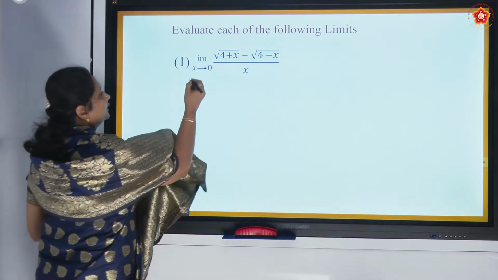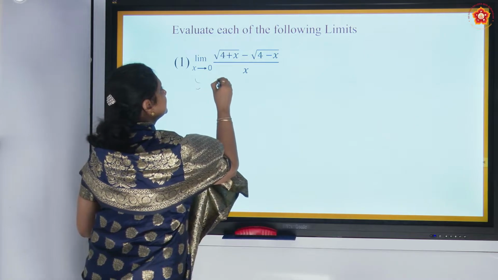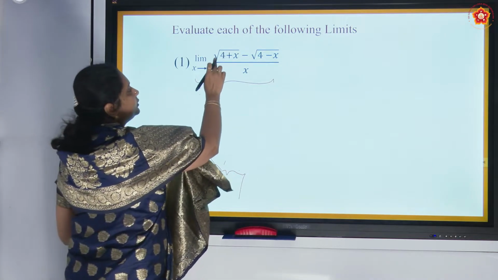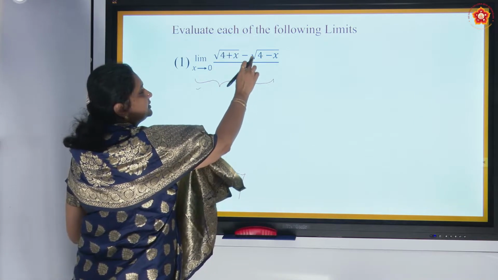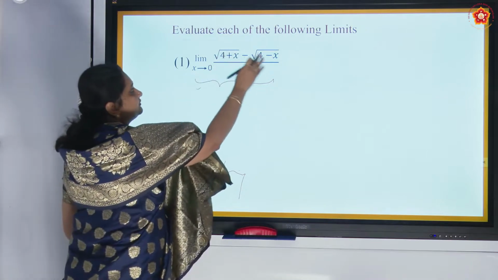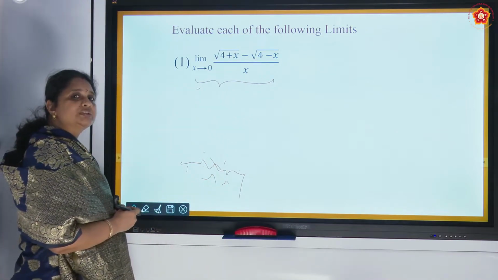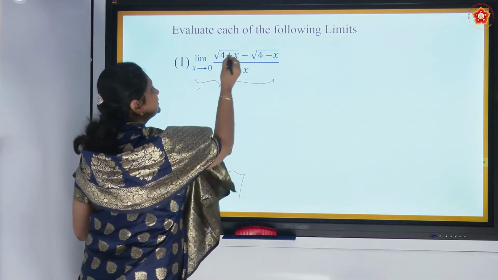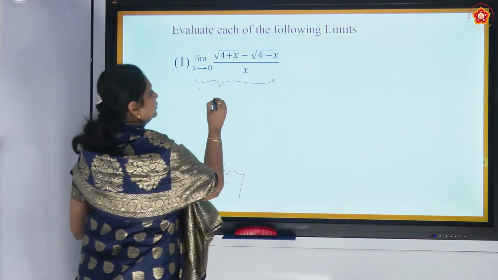Now, if we consider this particular question wherein we have to evaluate limit x tending to 0, square root of 4 plus x minus square root of 4 minus x, by x. So the value of this function at x is equal to 0 is basically what we are trying to see. If I substitute 0 in place of x, what do I get?